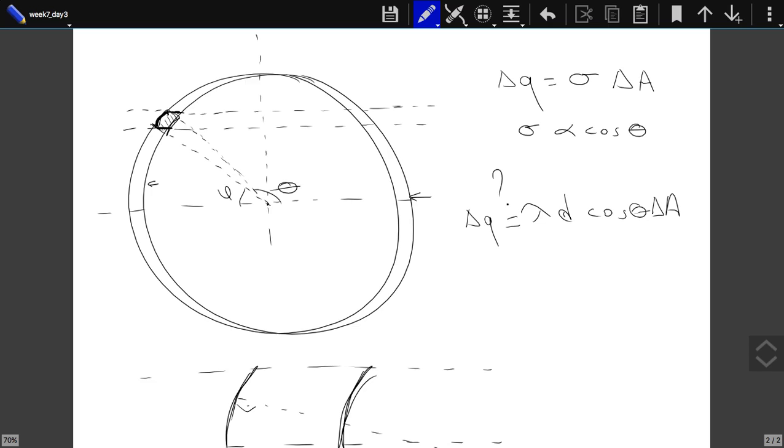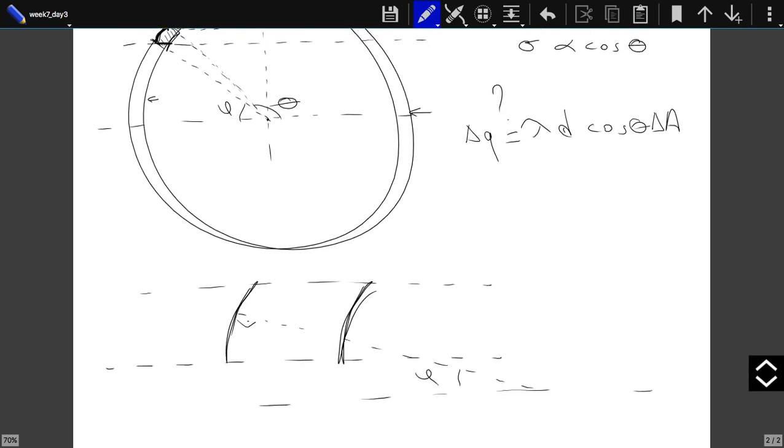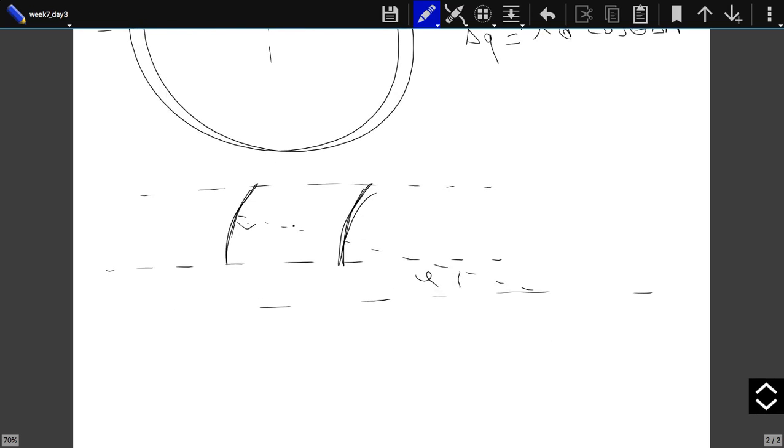Let's try to calculate the thickness. You see, this is also perpendicular, and this is our d. This is our phi. Do you agree?